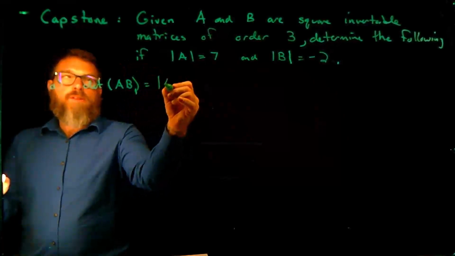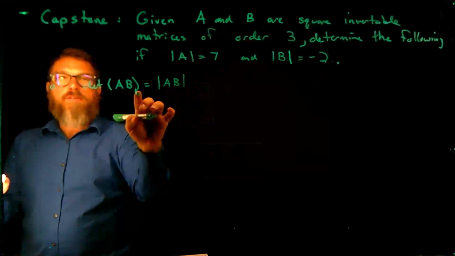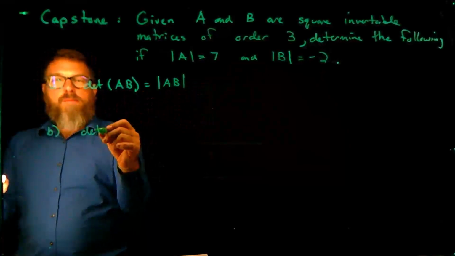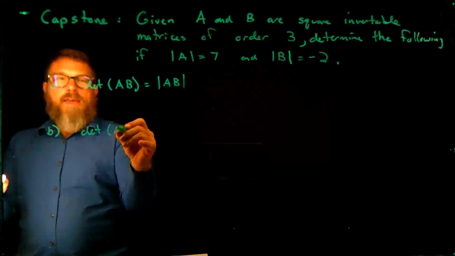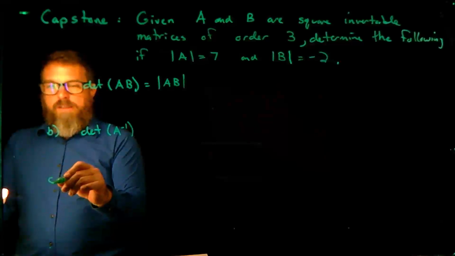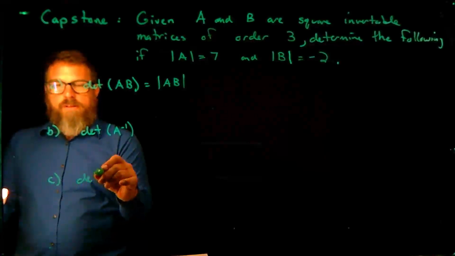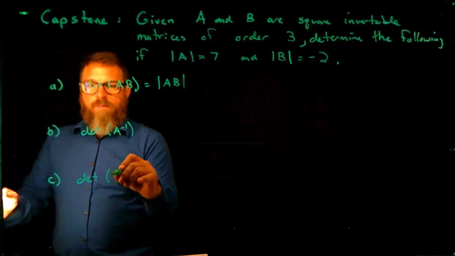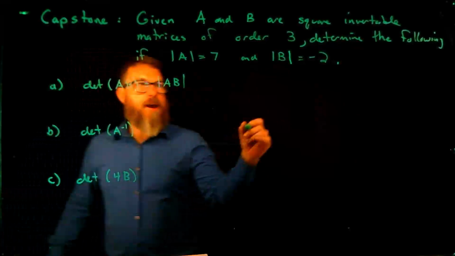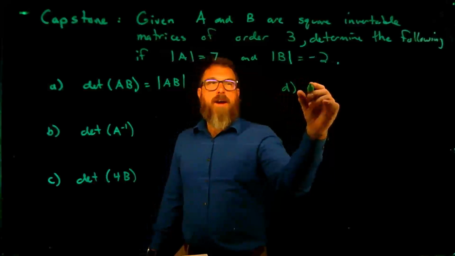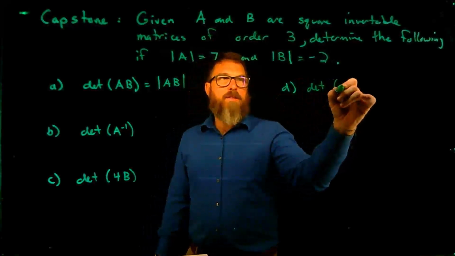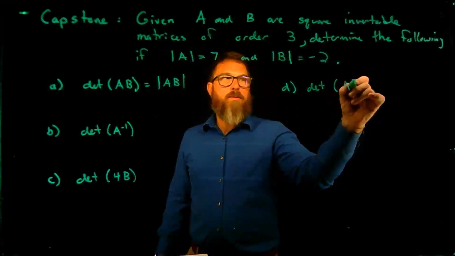B, can I find the determinant of, say, A inverse? And C, can I find the determinant of 4 times B? And then finally, D, can I find the determinant of, say, A transpose?